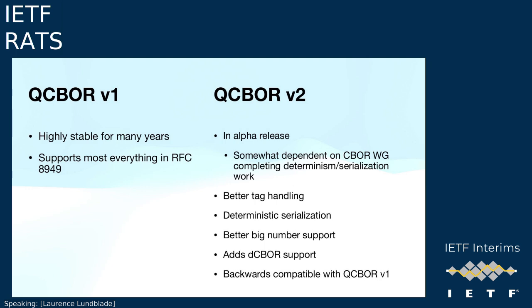It has better serialization, better big number support, supports dCBOR, and it's backwards compatible with QCBOR v1. It'll probably be a while before this becomes commercial quality, but it's still pretty solid, and it's an alpha release because the API could change.